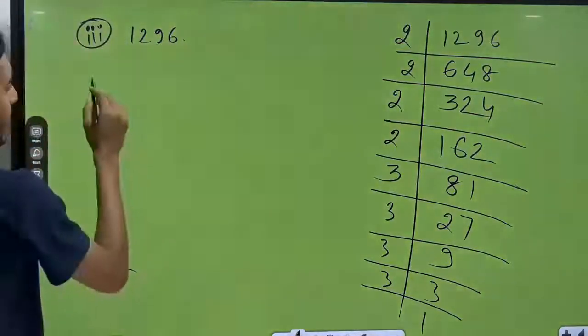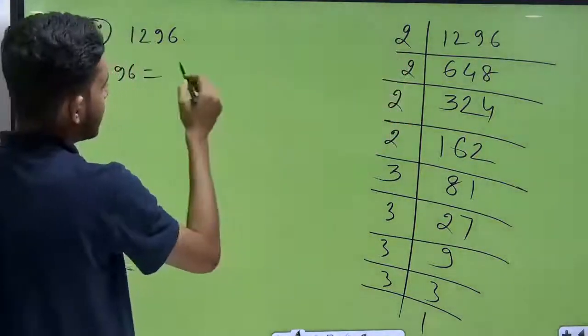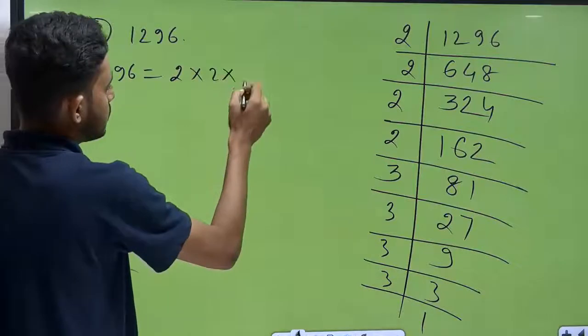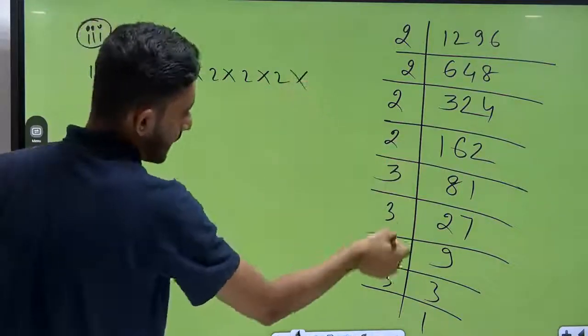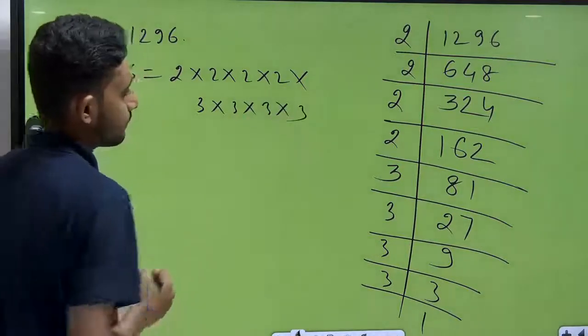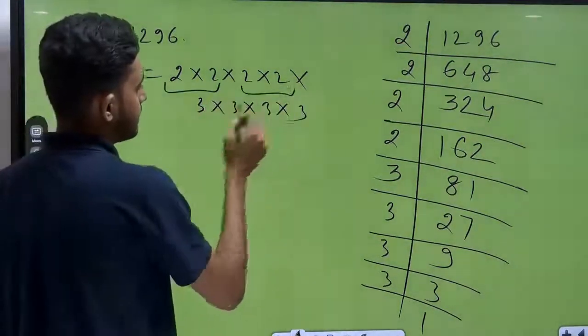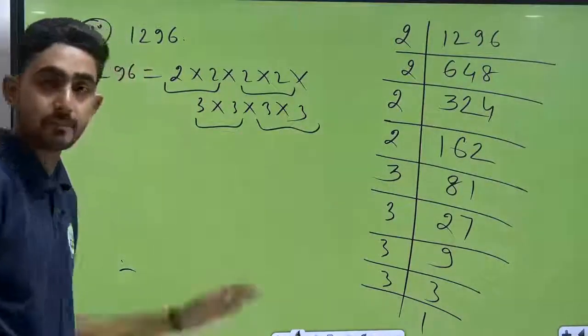Now after that, 1296 is equal to, we can write down 4 times 2, 2 into 2 into 2 into 2, and 4 times 3, 3 into 3 into 3 into 3. Now we will make pairs. Then it is a perfect pair.